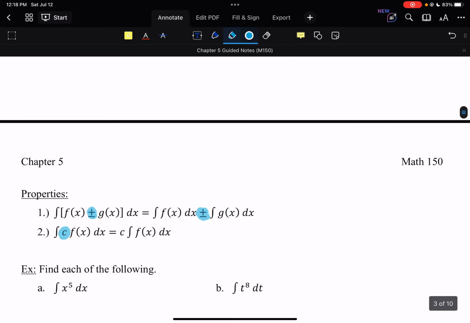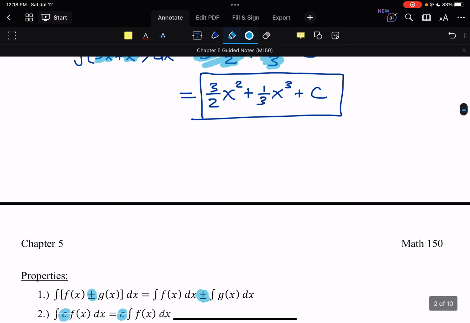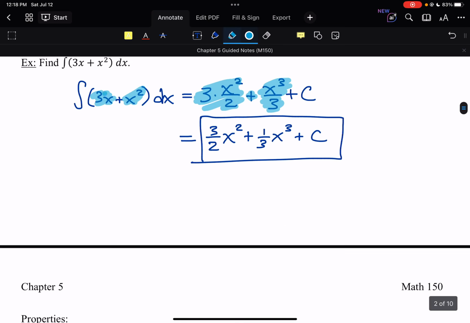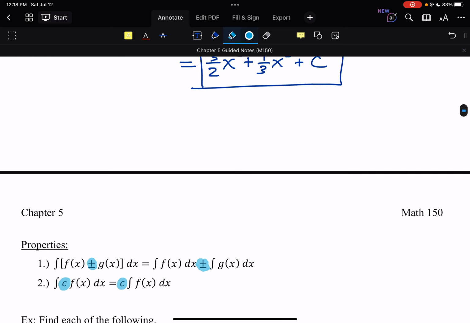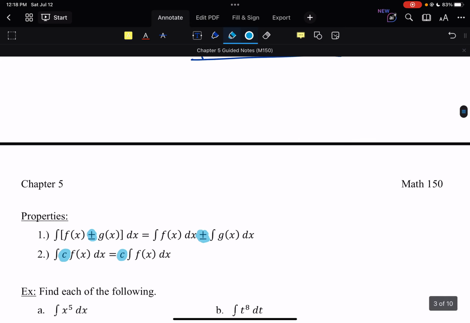And if you have a constant multiple times the function, you can pull it out and take the integral of the function first and then multiply by the constant. That's also what I did here. I basically just ignored the 3 and did the x squared over 2 first and then times 3. So constant multiples don't affect integrals. You can even just pull it out and leave it out there, so it's not going to affect your work.